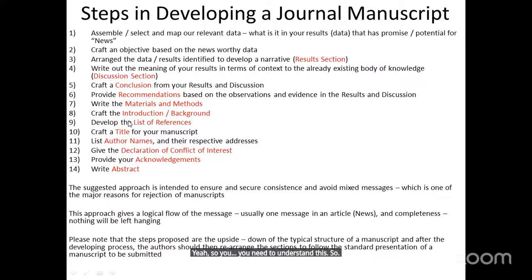So after the references, we have the title and the author names. And this is important: you don't come up with the authors at the beginning, because then your methodology described in the paper may end up totally different or slightly different.